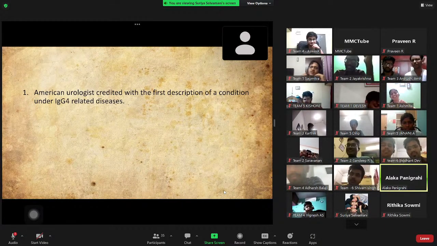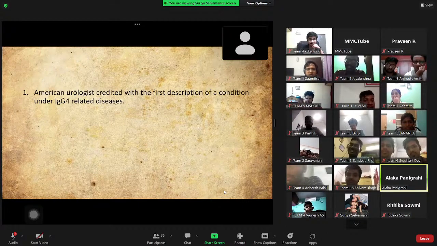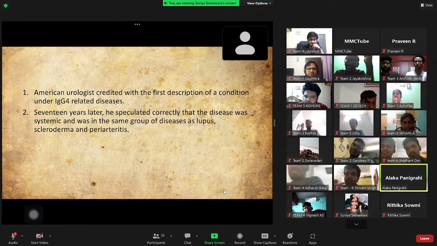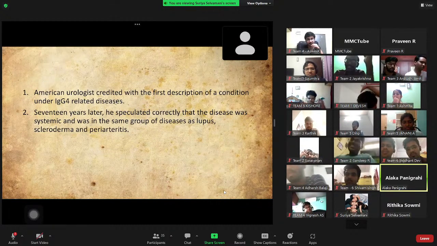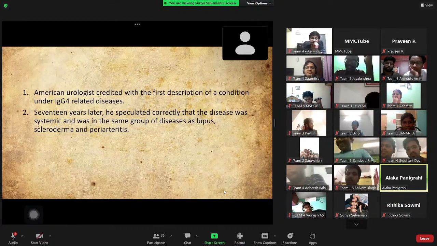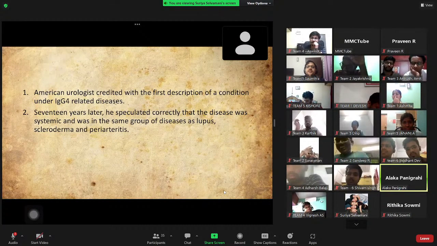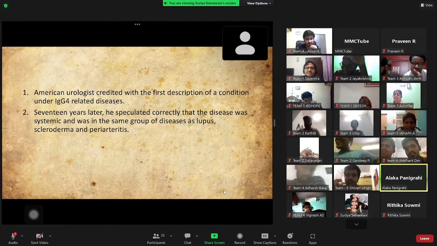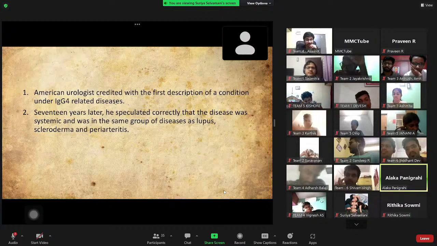Next clue. So 17 years later, he speculated correctly that the disease was systemic and was in the same group of diseases such as lupus, scleroderma, and periarteritis. Initially he found this condition but did not know much about it, but after researching for 17 years, he concluded that the disease was a systemic condition.